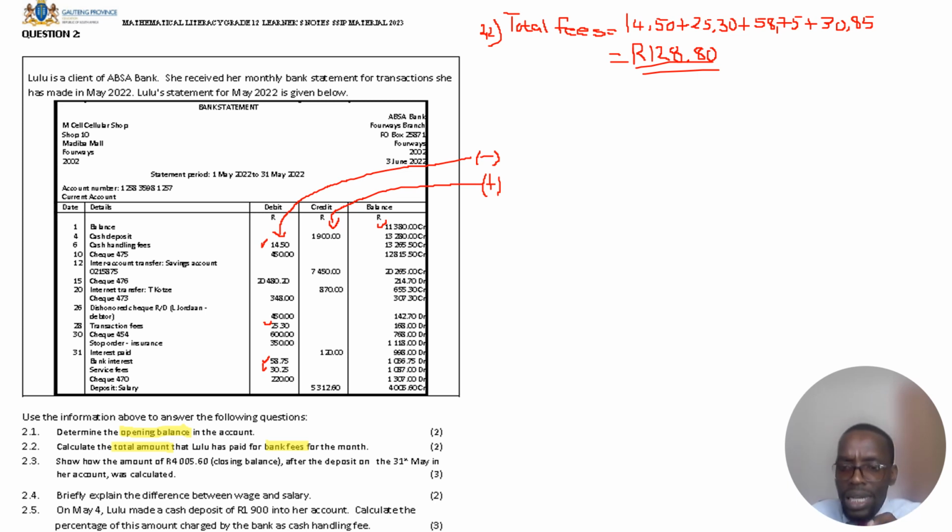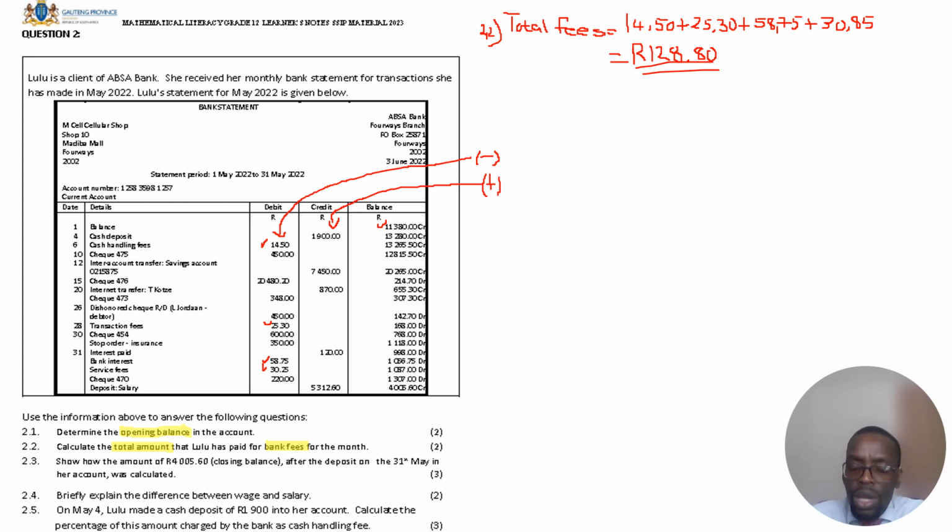Now remember, learners, when you talk about fees, let me just explain what banking fees are for some people that might be struggling to understand why we are picking that and not that. Banking fees is a fee that is charged by the bank to the account holder for a service that the bank would have rendered.